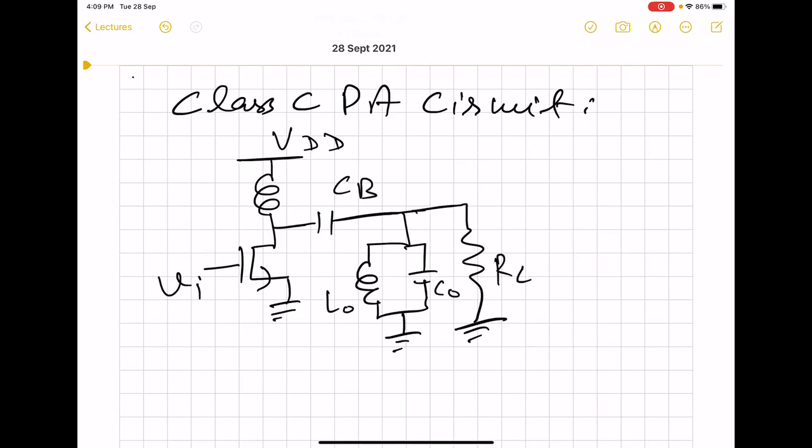Okay, so we know that for class C, we try to keep the MOS on for duration less than half of the cycle. That means it conducts for angle less than pi. So that is why in this case, we will have to put a negative gate to source DC bias voltage.